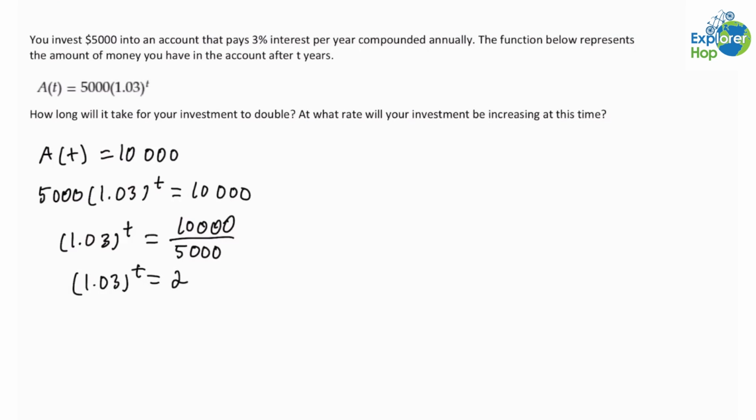So taking the natural logarithm on both sides, we get that ln of 1.03 to the power of t equals ln of 2.